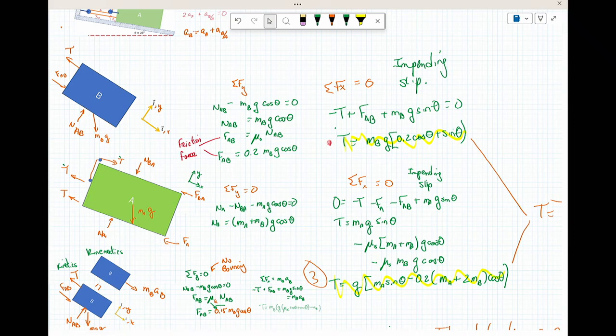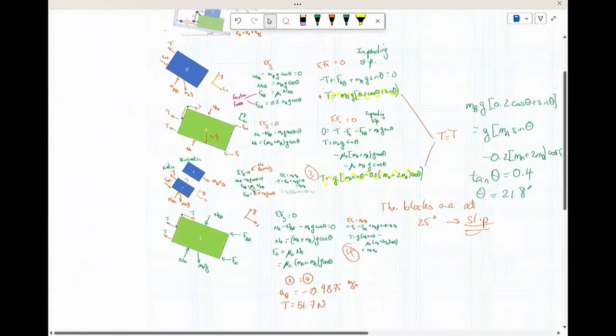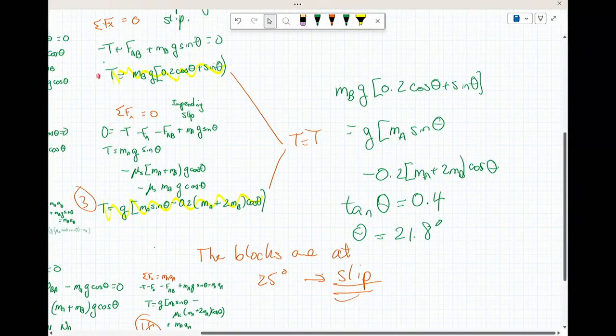So I need to determine at what point it slips. And in order to meet all of the conditions there, I have to set T equal to T, because it has to be the same tension all over. So for that to happen, I found that the maximum angle was 21.8 degrees.